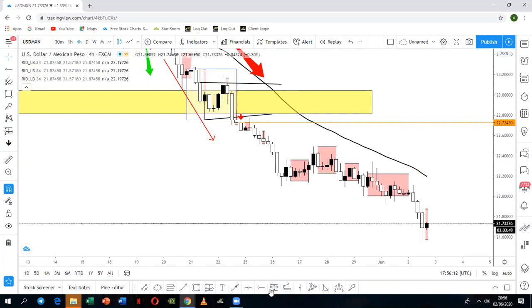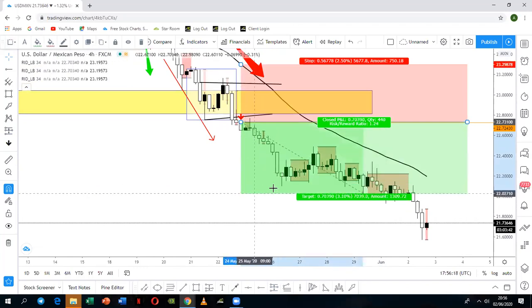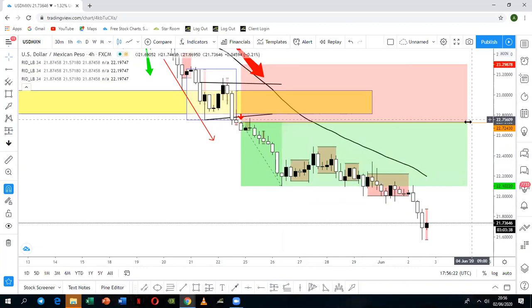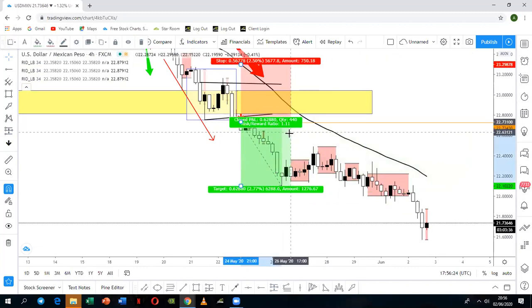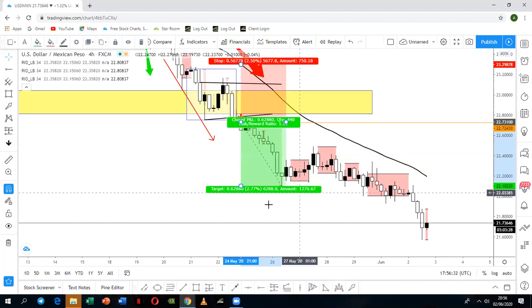So here, if you took this trade and you closed here, how many pips are these? Are these 628 pips? I think they are 628.